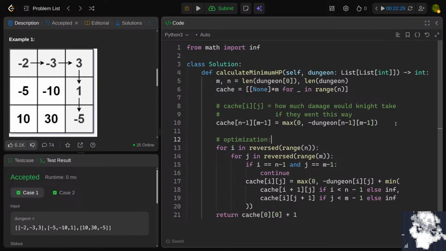Optimization: take the conditional stuff out of the loop.